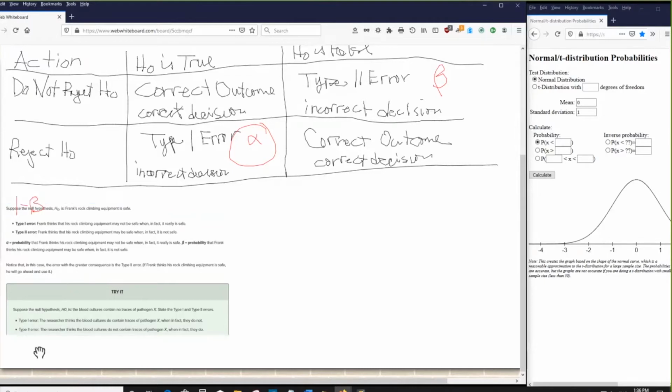Here's another example. It says, suppose the null hypothesis is the blood cultures contain no traces of pathogen X. State the type 1 and type 2 errors.